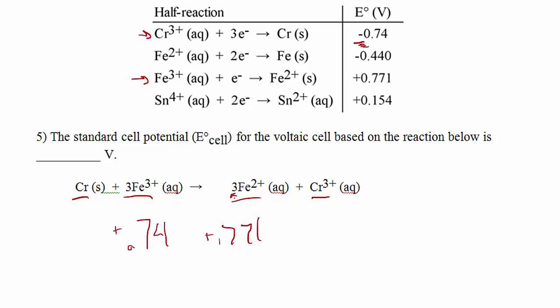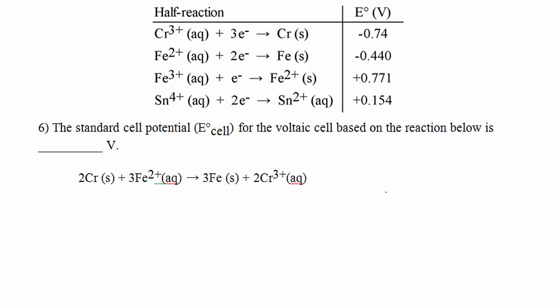And the 3 here doesn't change its likelihood to be reduced. The coefficients can be ignored when you're calculating the voltages. So it's just 0.771. Combine those numbers. What do you get? 1.51 volts as your answer.